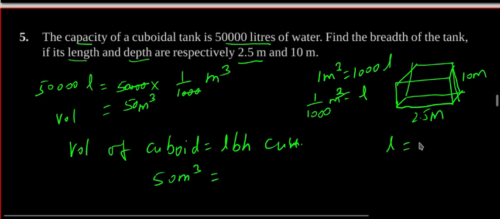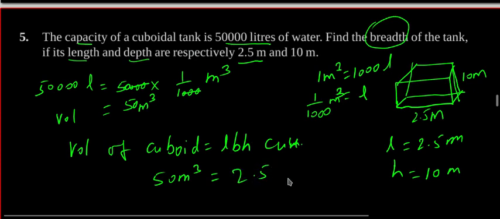Length equal to 2.5 meter and the height will be 10 meter. So we substitute those things so that we can find breadth. So in place of L, 2.5 meter into breadth, we don't know, let it be, height will be 10 meter.